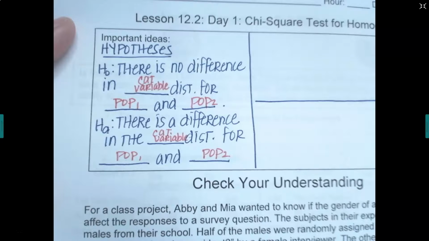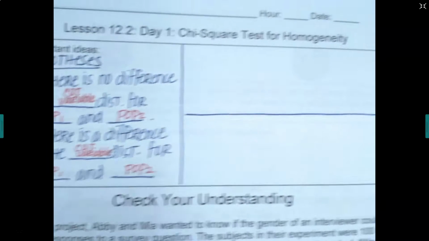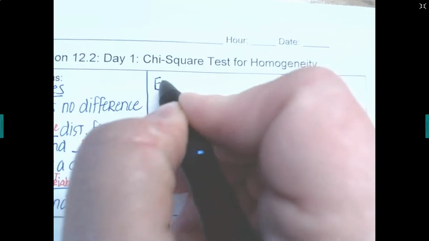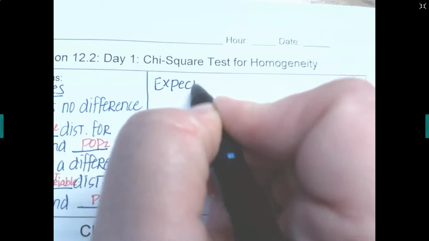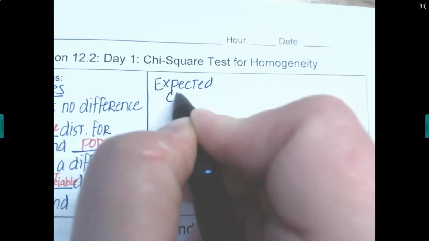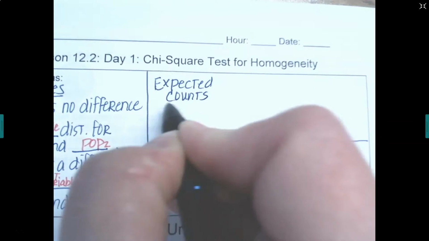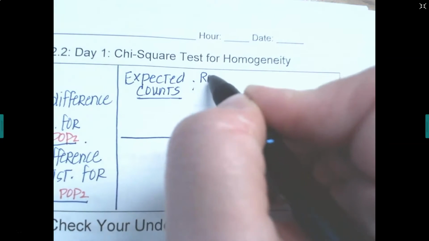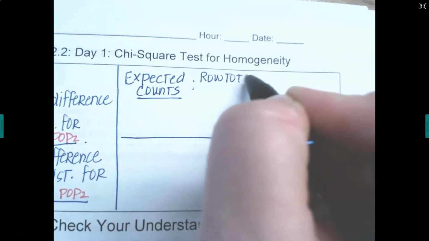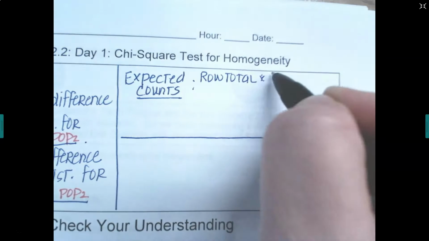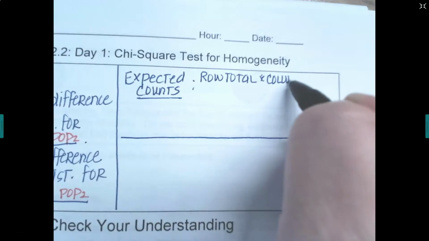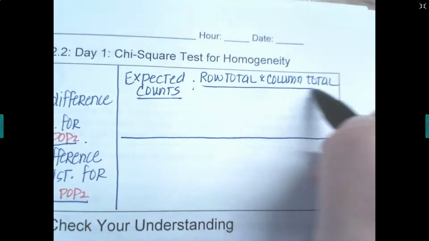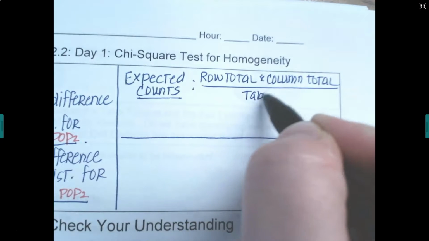The other thing I want to be sure you can take away is your expected counts. Okay. Remember that's your row total times your column total divided by the table total.